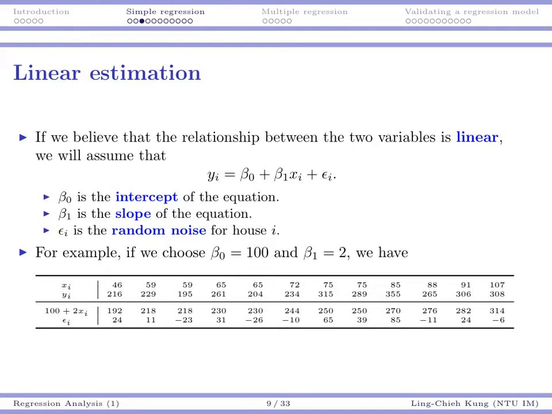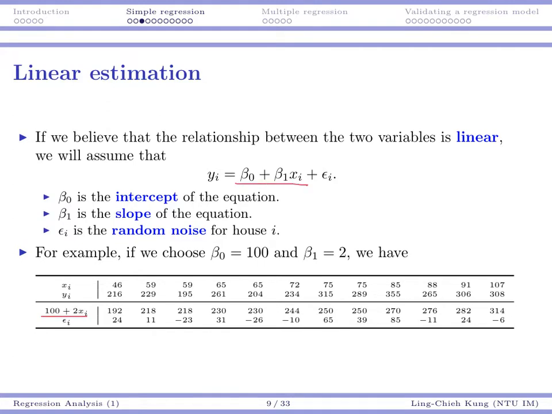How about this? Let's say beta 0 is 100 and beta 1 is 2. If that's the case, for every xi, okay, here I sort xi from small to large, then for every xi, I can calculate 100 plus 2xi. Okay, 100 plus 2xi, that's exactly this one.